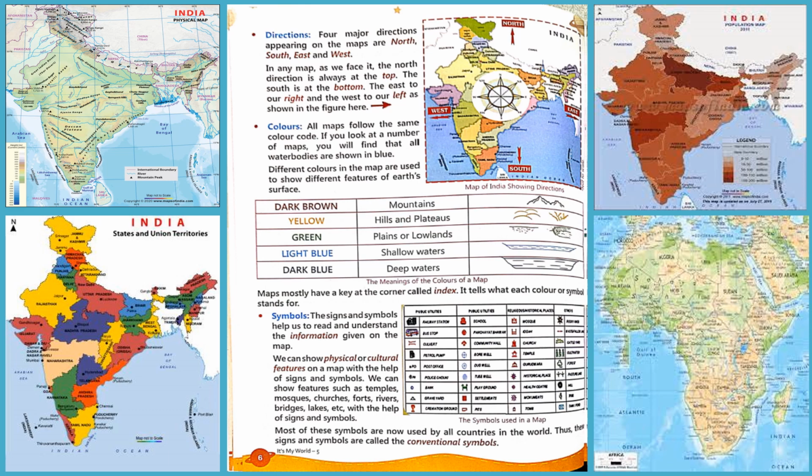We can show features such as temples, mosques, churches, forts, rivers, bridges, lakes, etc. with the help of signs and symbols. Most of these symbols are now used by all countries in the world. Thus, the signs and symbols are called conventional symbols.